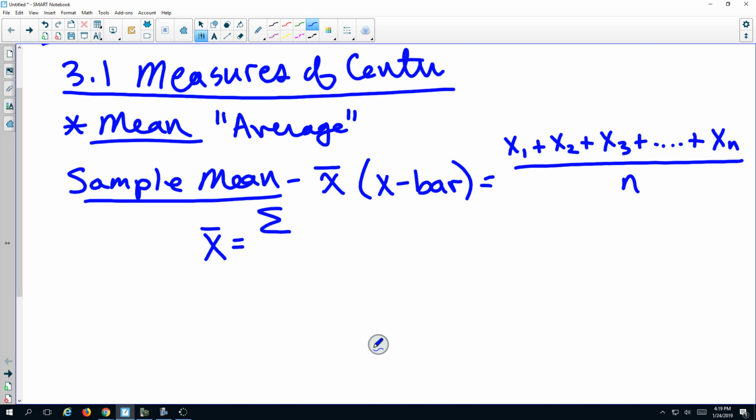So sum in mathematics means you add them up. So if I write sigma x, I'm just saying add them all up, add all the x's. So that sigma x is the same as saying add up all your data values. And then divide by n, sample size.